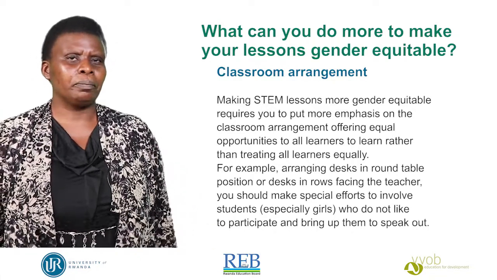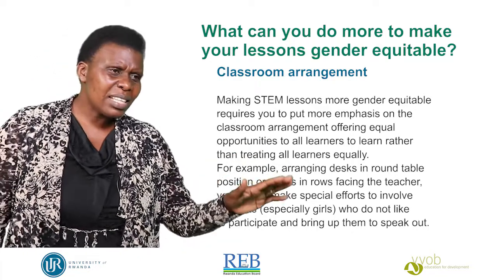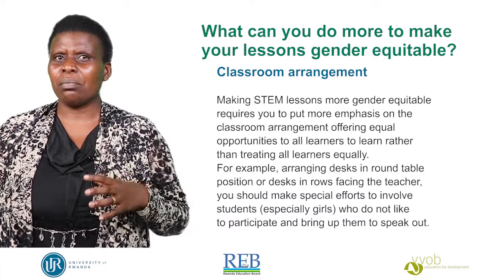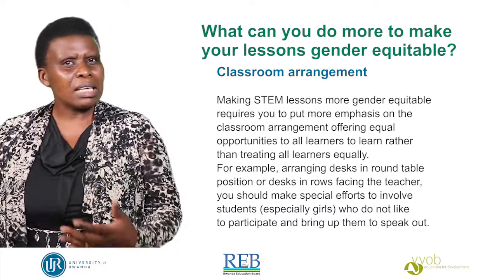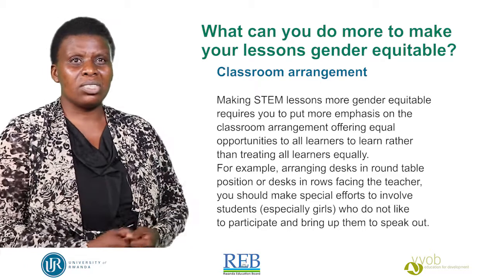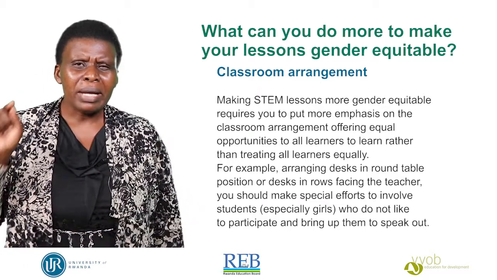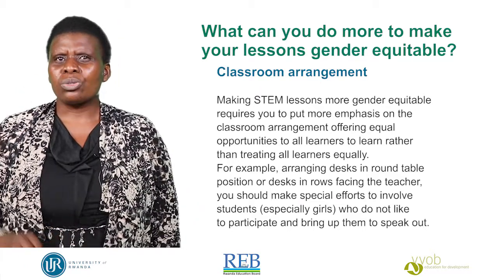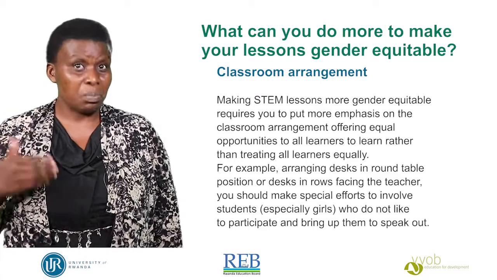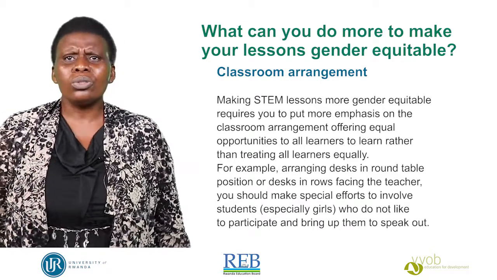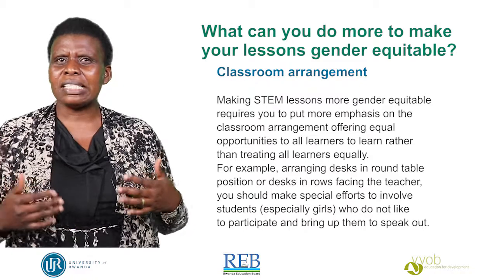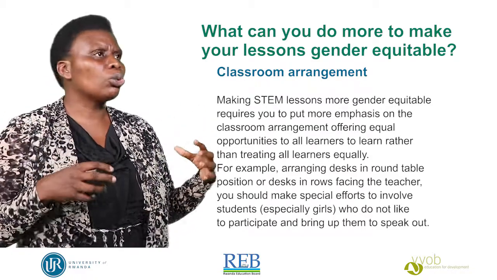For example, arranging desks in round table position or desks in row facing the teachers, you should make special effort to involve students, especially girls, who do not like to participate and bring them to speak out.